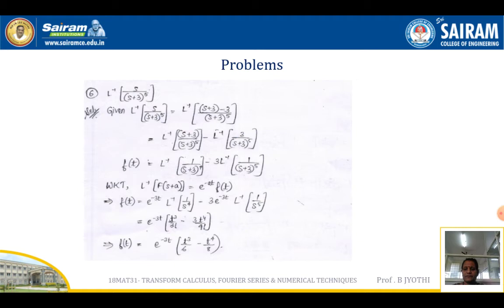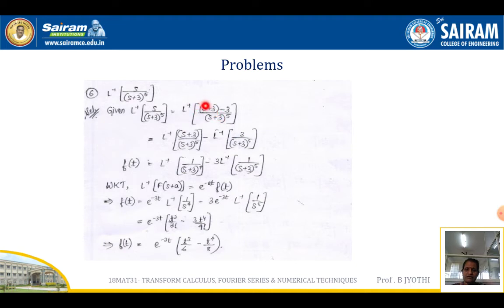Next question. L inverse of s by s plus 3 the whole power 5. So in order to solve this one, this s plus 3 whole power 5 cannot be expanded. So what we will do is, in the numerator, we will add and subtract 3.